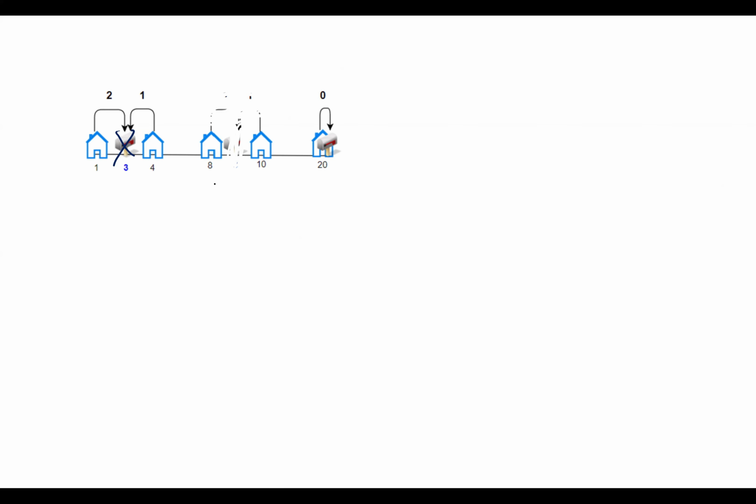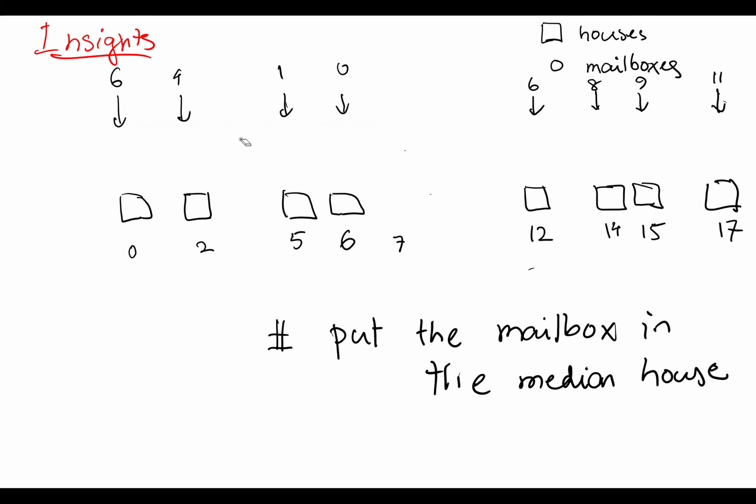If I put the mailbox here, the distance here is 0 from the house, and the distance here is 2. So 0 plus 2 is 2. Still we get the same thing, right? So there goes our first observation: put the mailbox in the median house. That will minimize the distance.